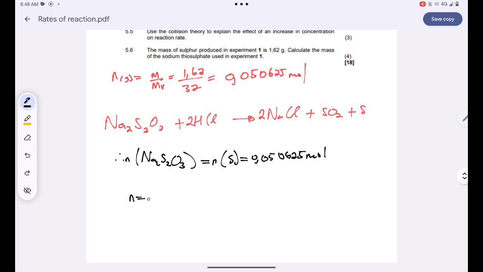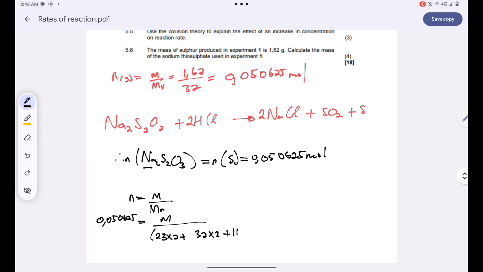All I have to do is calculate the mass of my sodium thiosulfate. So number of moles is equal to mass over the relative molar mass. The number of moles is 0.050625. I don't know the mass, but the molar mass: sodium is 23, and since I have two of them, I'll say 23 times 2. Sulfur is 32, and since I have two sulfurs, 32 times 2.